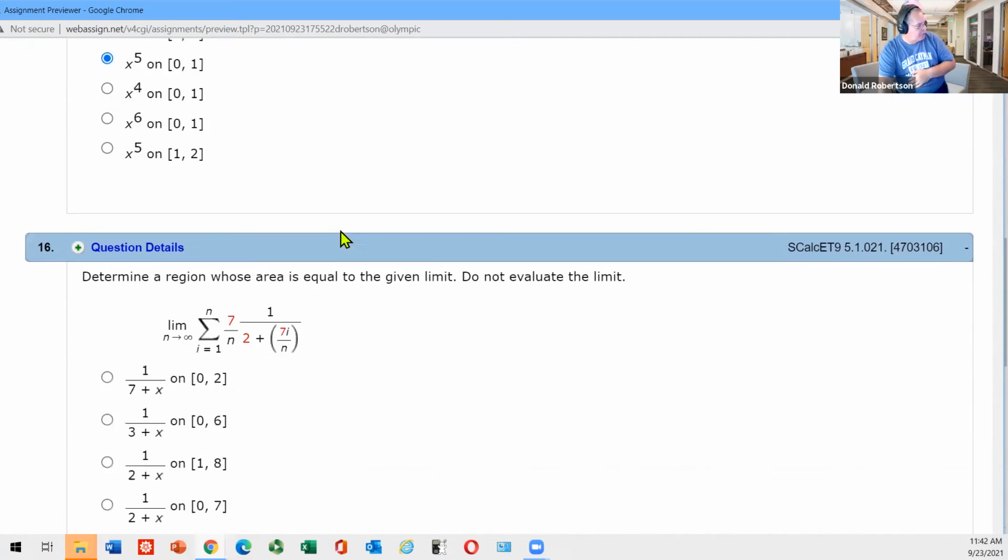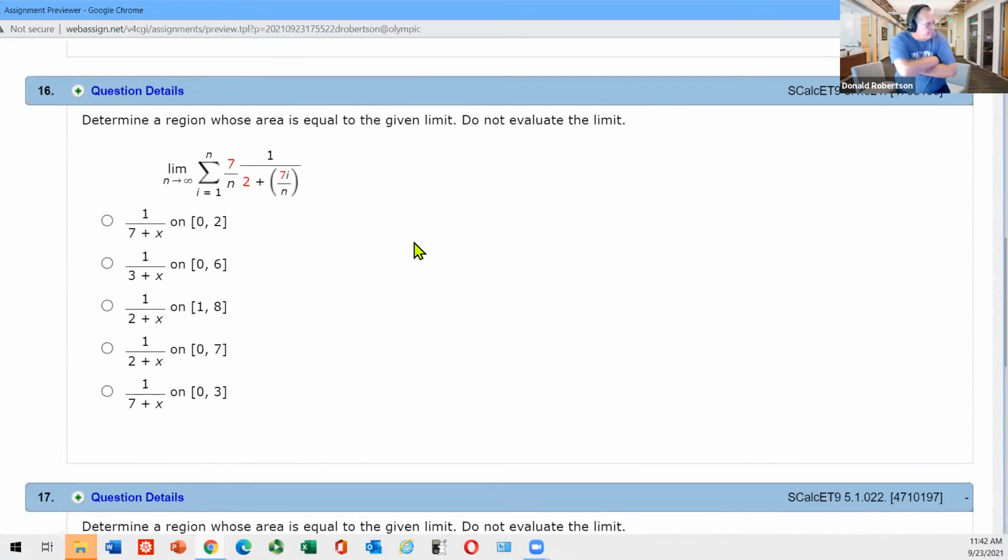Let's move on to this one. Okay, a bit messier, a lot more going on. If you look at this function, the bit that's going to tell me who f of x is is this piece here. Which one of those is the function f of x going to be?